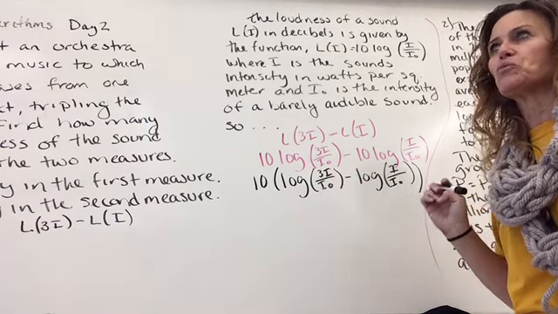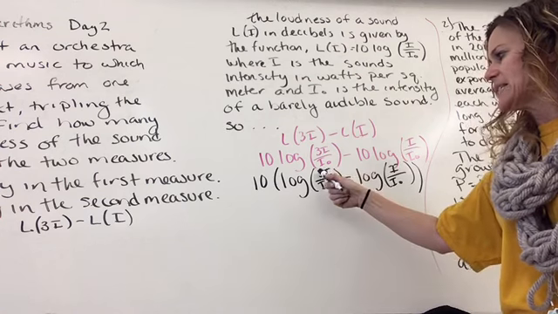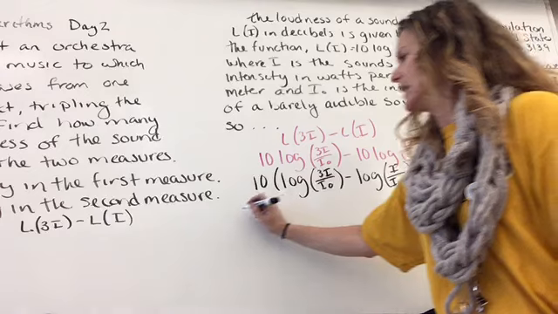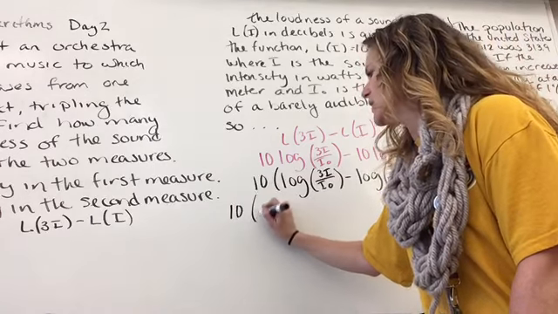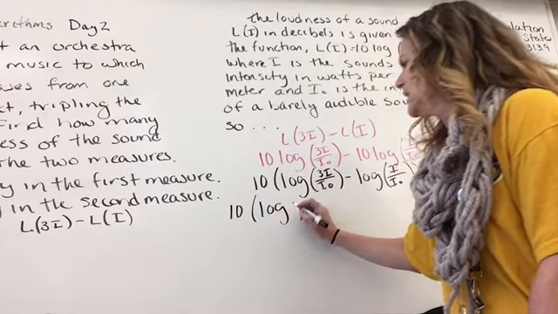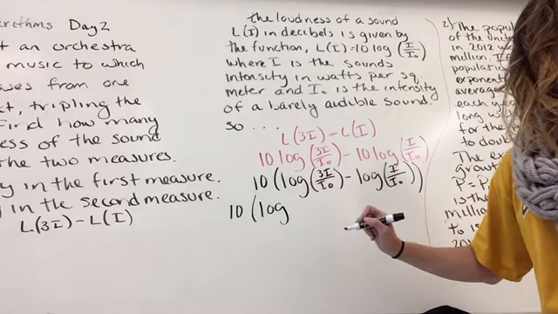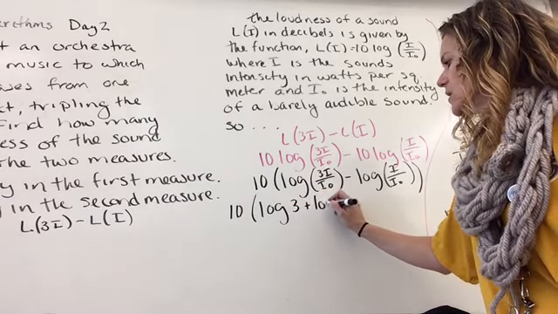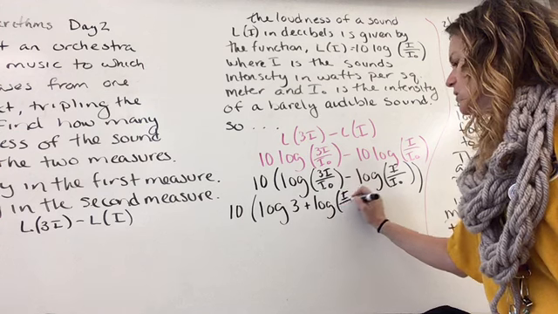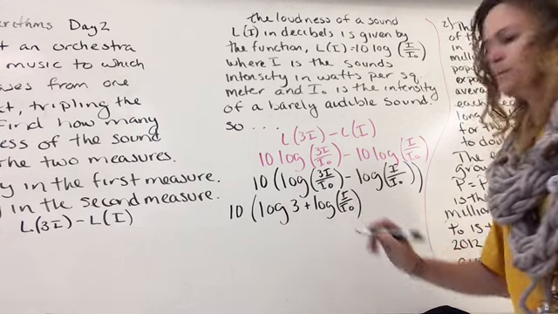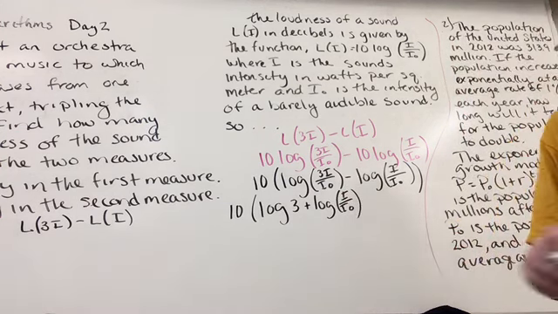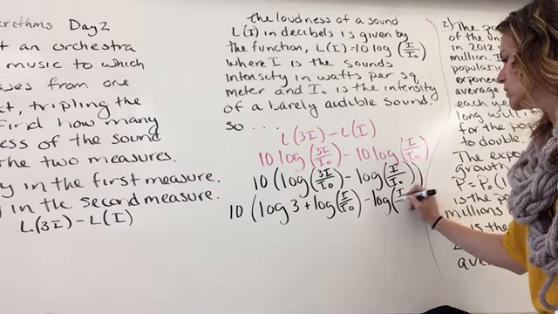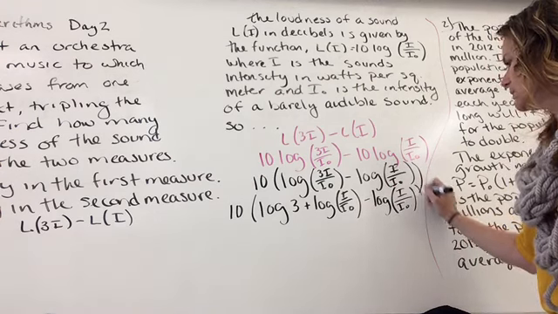Well, if you think back to your rules of logs, if it's being multiplied, it can be separated by adding. So this 10 is just going to stay out there, and I can rewrite this as the log of 3 plus the log of I over I sub naught, minus the log of I over I sub naught.